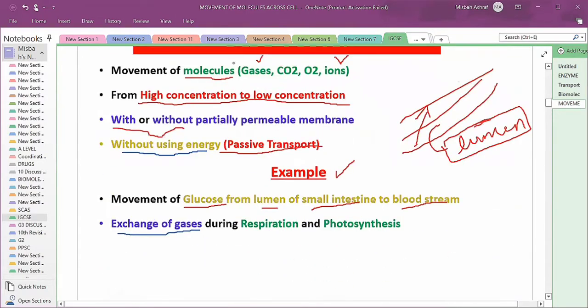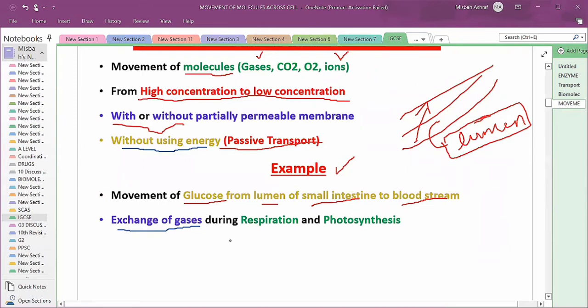Okay, so this is a type of passive transport, and I've written here two examples which are related to living organisms. There are also many other examples. The second one is exchange of gases during respiration and photosynthesis. During respiration, we take in oxygen and we give out carbon dioxide.